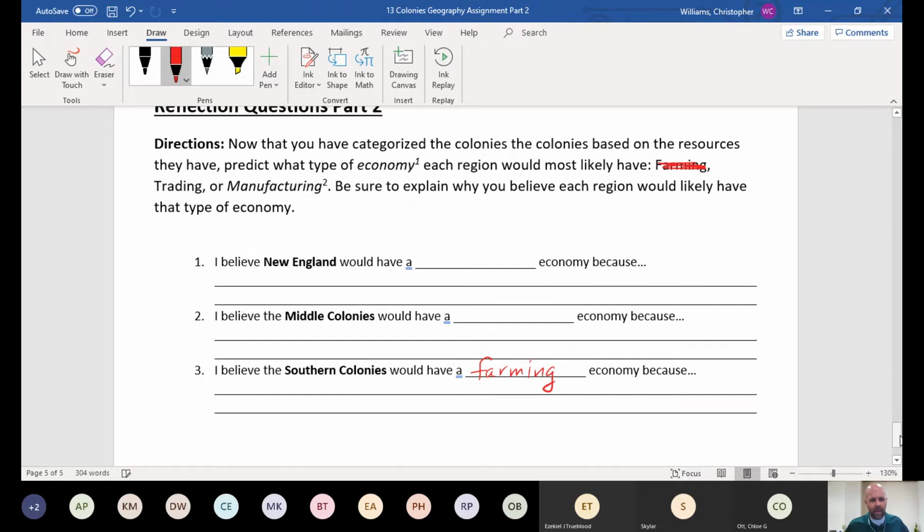Let's look at the other two we have. We have trading and manufacturing. Trading means specifically that resources in that region are bought and sold. All right, so let's look at what we have. We have New England and Middle. Which economy do you think is most appropriate for New England?